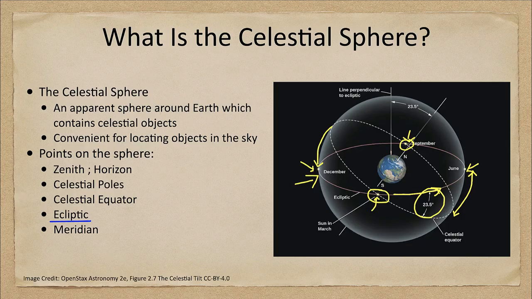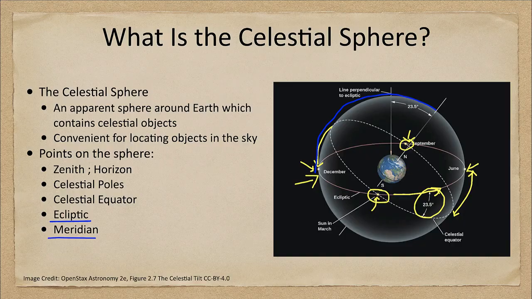Now the last term I want to mention here is the meridian. The meridian is the line going from the north pole through the zenith and straight down over. So it goes straight around the edges here. And that would show us where the sun is at its highest point.